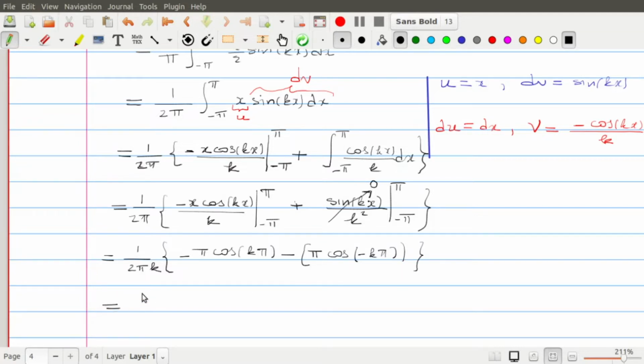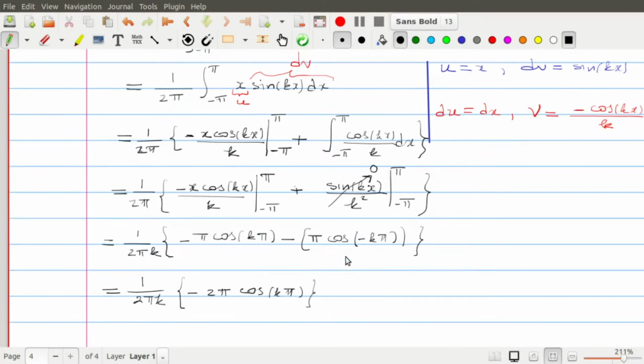Now we can rearrange this as 1 by 2 pi k into, so this expression, if I expand this, it will be exactly the same as this one. So it will be negative 2 pi cosine k pi, because we have exactly the same expression that will repeat if I remove the bracket, and this is absorbed by the cosine. Okay, so this is what we have.